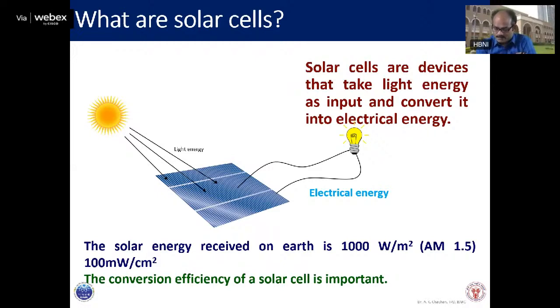So the energy we are receiving in 1 square meter is sufficient to glow 50 such bulbs of 20 watt LED. Usually we use about one to two bulbs per house, but that is the case when you can convert the entire solar energy into electrical energy. But that is not the case.